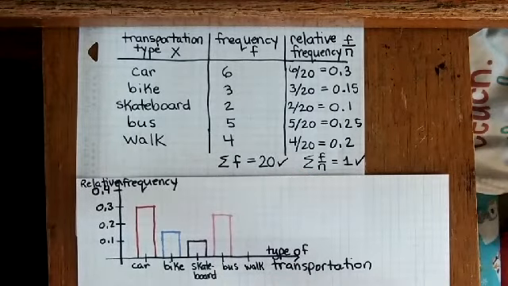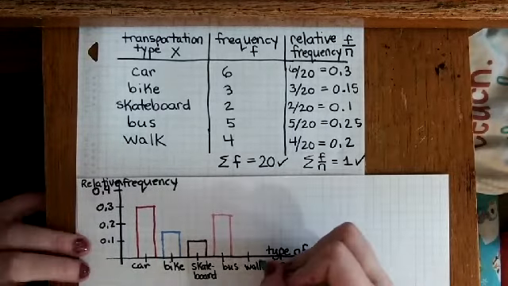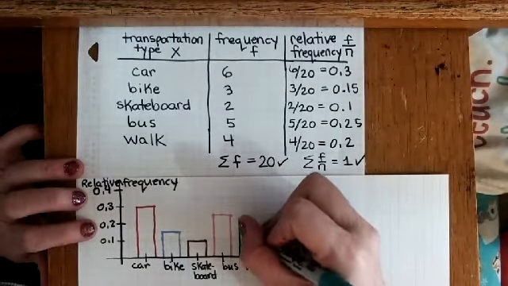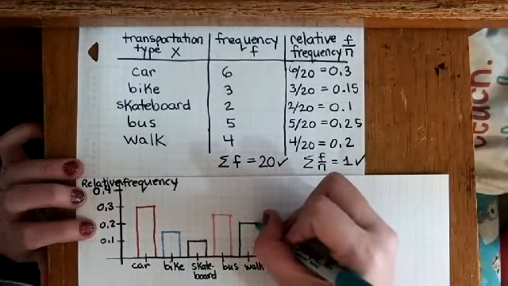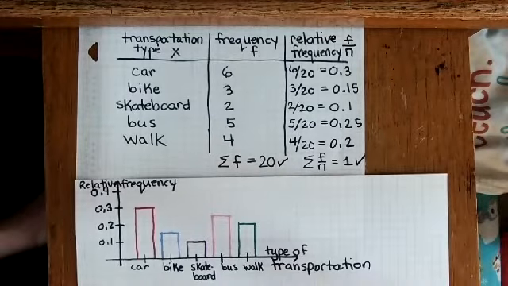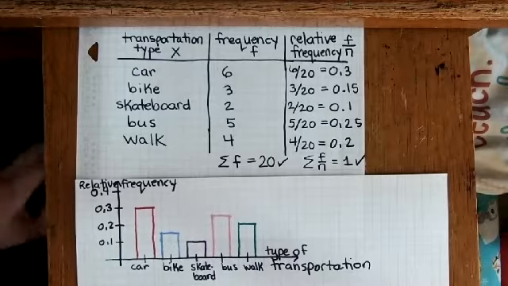And the type of transportation for walking goes to 0.2. So in a bar graph, the bars don't touch.